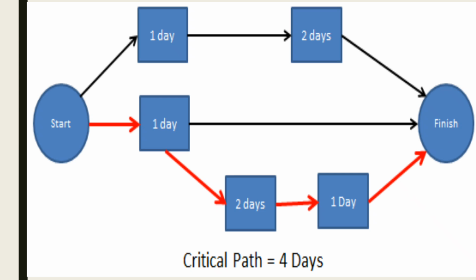On this one, if you say 1 day plus 2 days, the answer is 3 days. If you say 1 day, the answer here is 1 day. If you say here 1 day plus 2 days plus 1 day, you can see that the answer is 4 days.